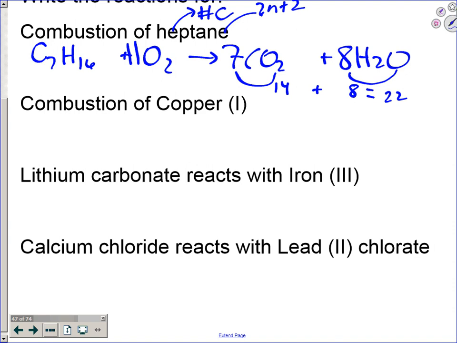Combustion of copper 1. Good, Cu plus O2. You didn't get distracted by that 1 up front.